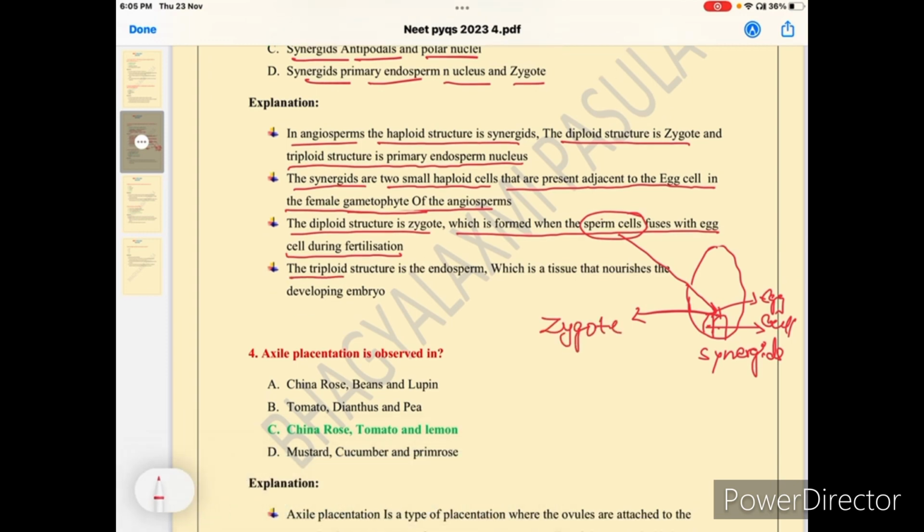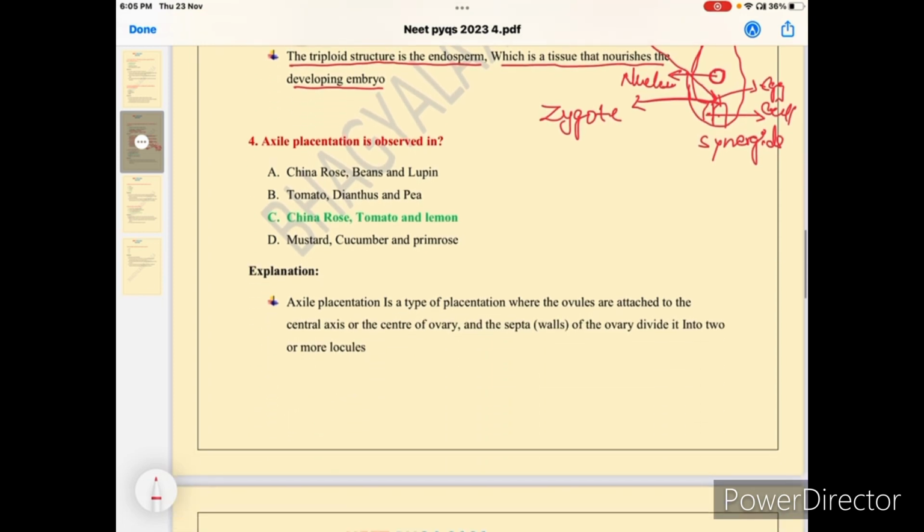The triploid structure is the endosperm nucleus, which is a tissue that nourishes the developing embryo. This endosperm nucleus is present in this place. It is used to nourish the development of the embryo. Let us see the next question.